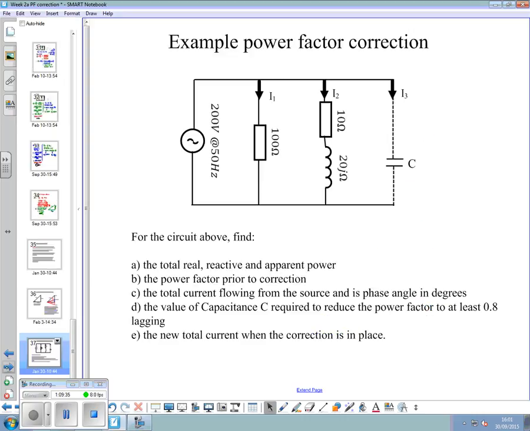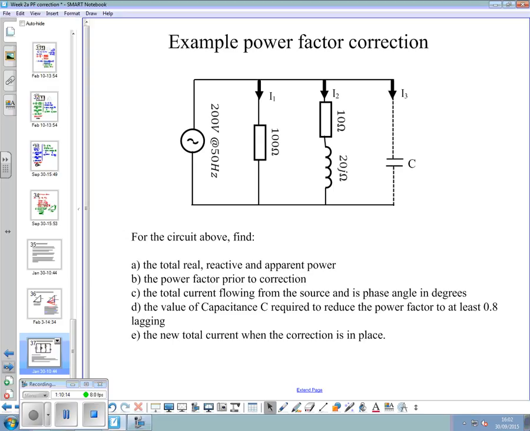So, an example involving power factor correction. For this question, for total real, reactive and apparent power, find the power factor prior to correction, the total current flowing from the source and its phase angle in degrees, the value of capacitance required to reduce the power factor to at least 0.8 lagging, and the new total current when the correction is in place.